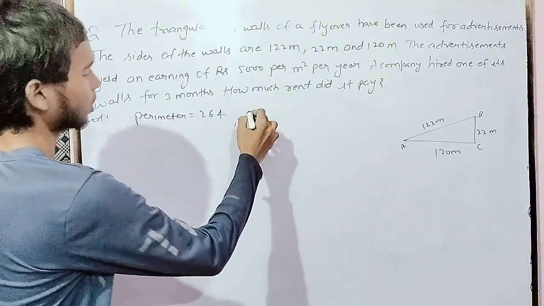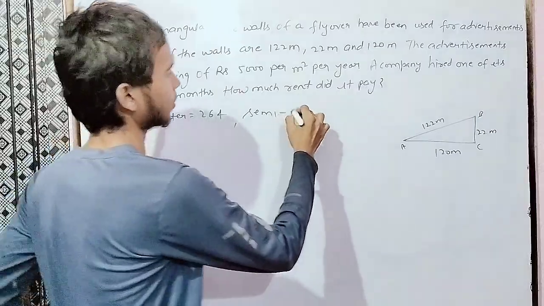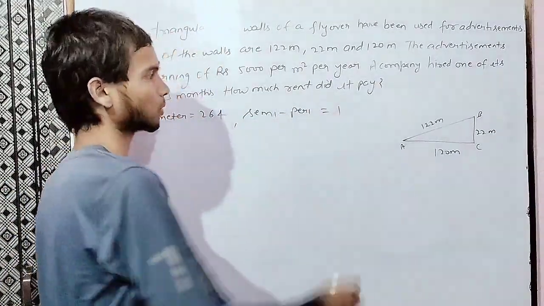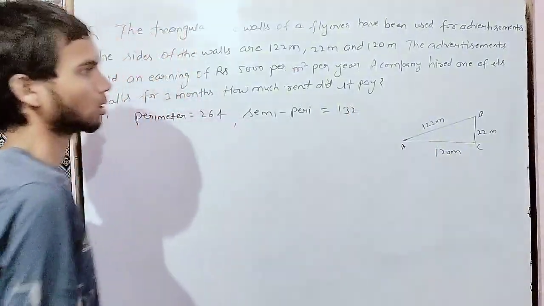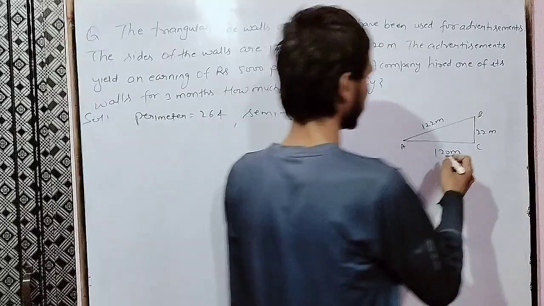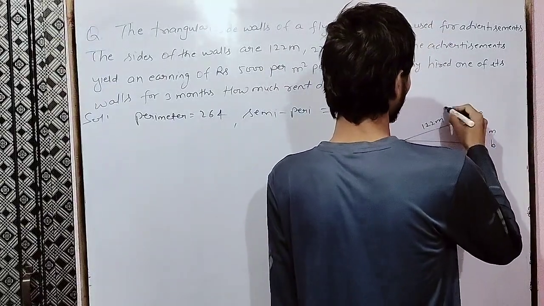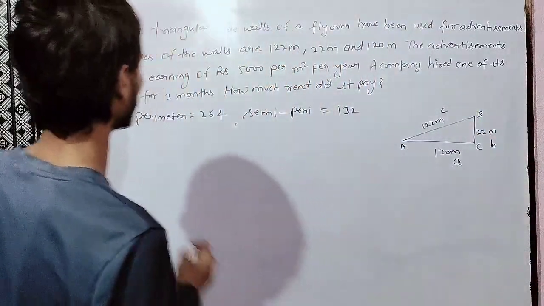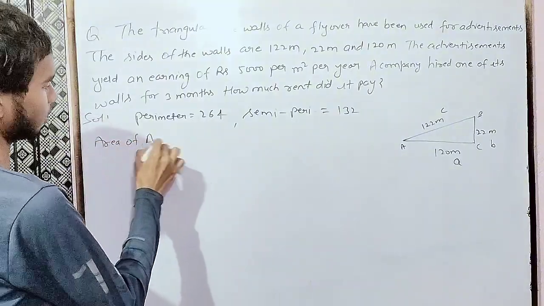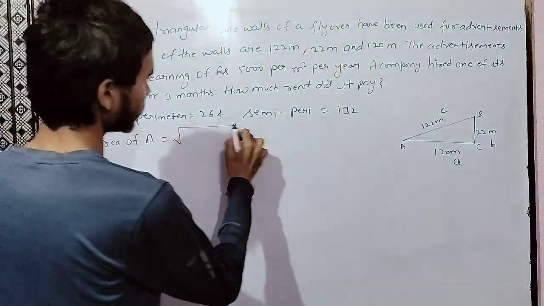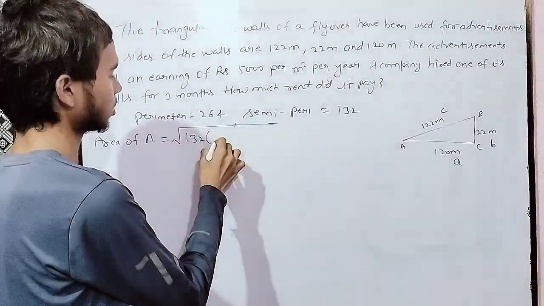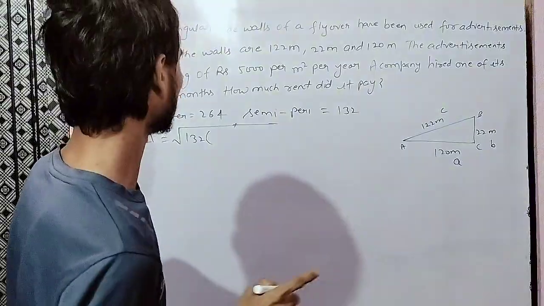Semi-perimeter will be how much? 132. You can take this as A, this is B, this is C. We are going to apply the area of a triangle. So here the semi-perimeter is 132.